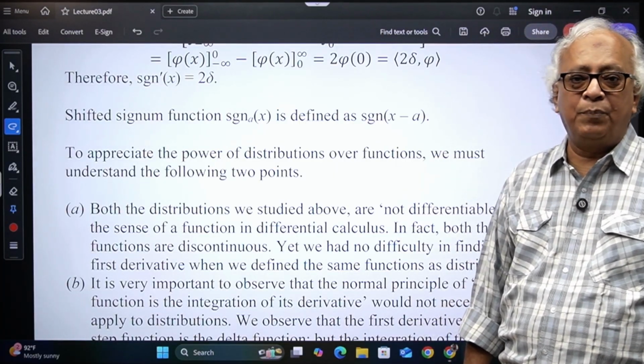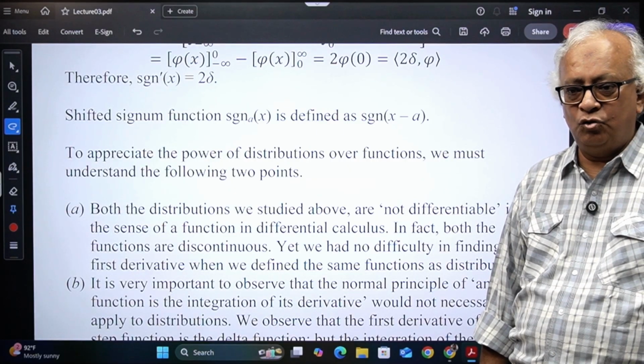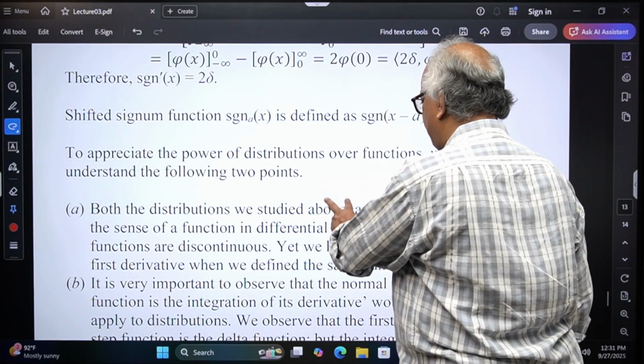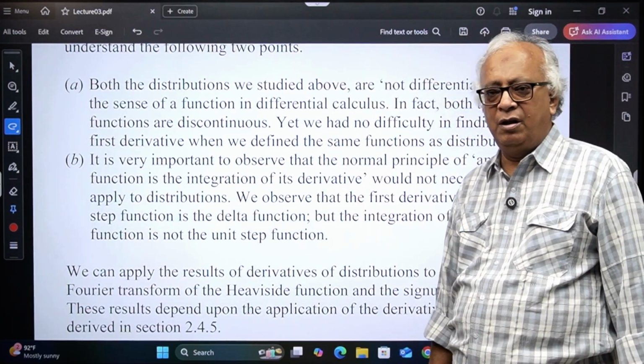To appreciate the power of distribution, both the distributions we have studied above are not differentiable.